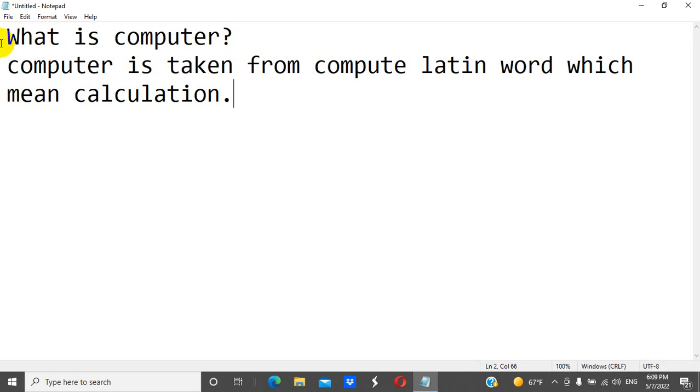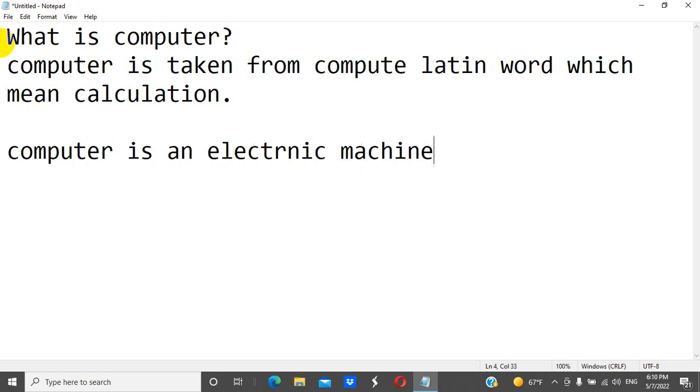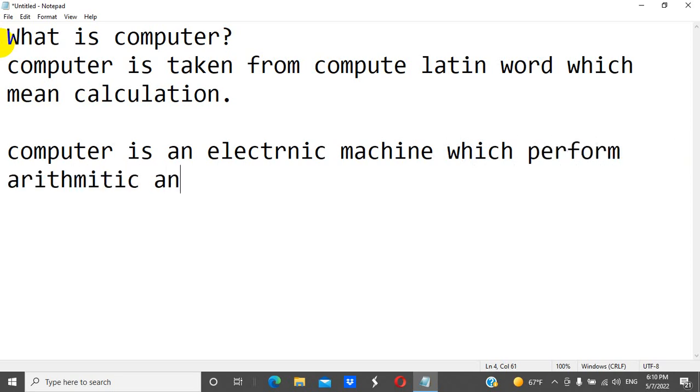So how do we define a computer? We can say a computer is an electronic machine which performs arithmetic and logical operations at high speed.